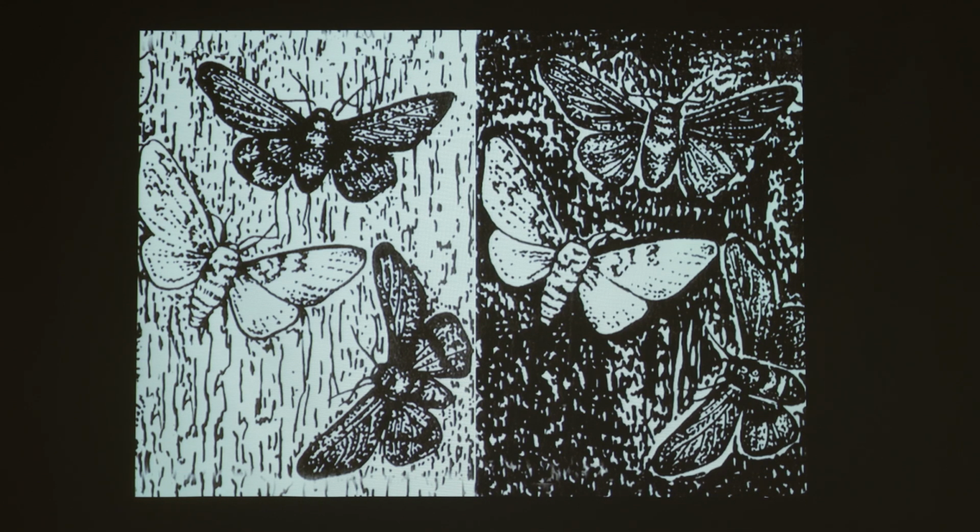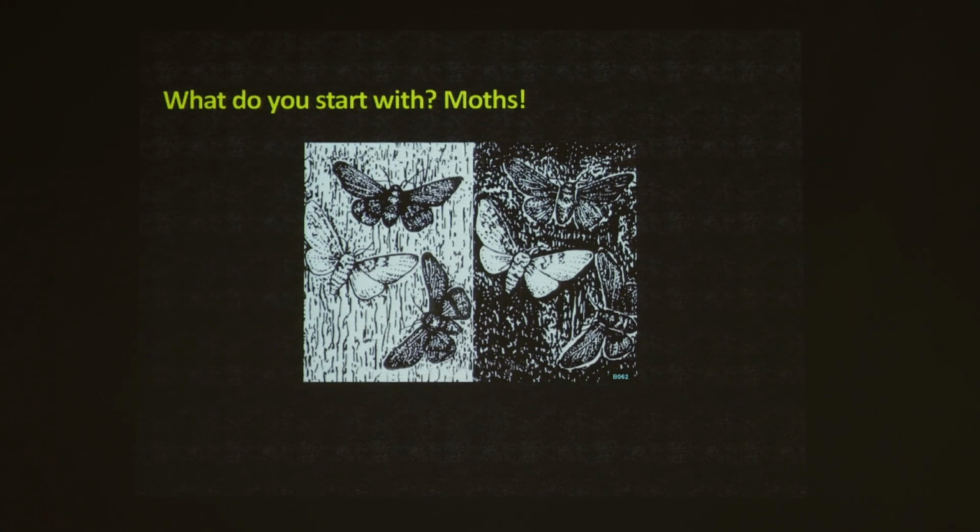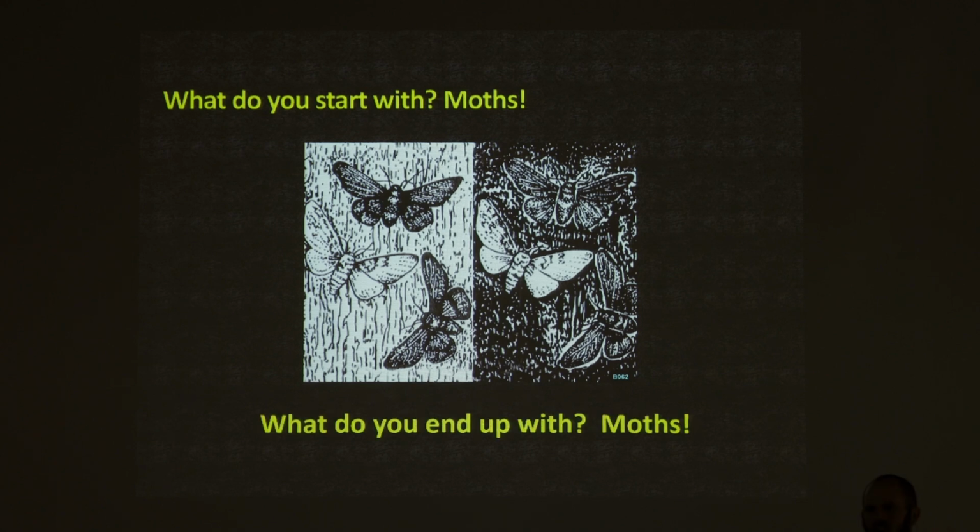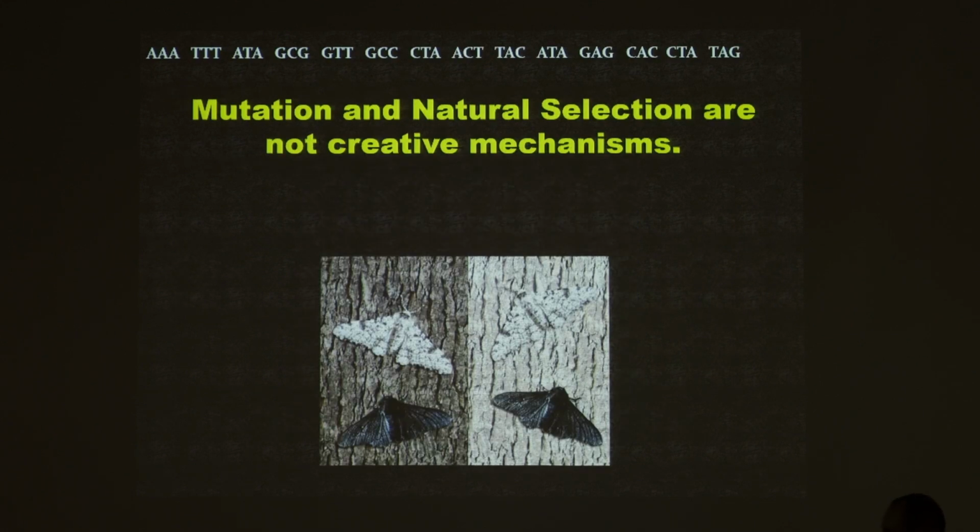Well, even though there's a lot that could be said about this supposed example, what did we start with? Moths. What did we end with? Moths. This isn't proof that the moths are turning into something else. No, mutation and natural selection are not creative mechanisms.